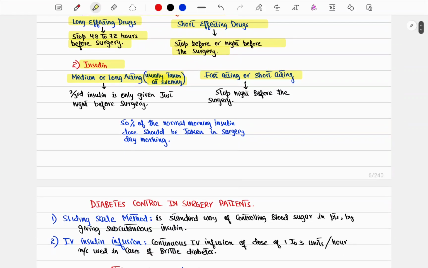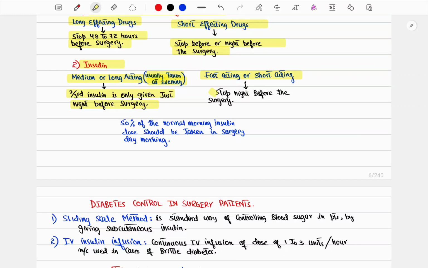For medium and long acting insulin, which the patient usually takes in the evening, only 2/3 of the insulin is given that evening. For example, if the patient takes 9 units, we give only 6 units.